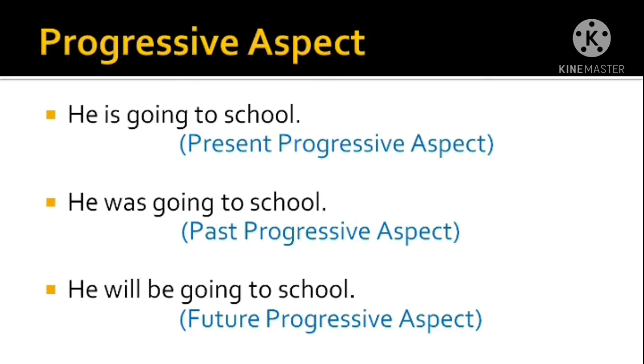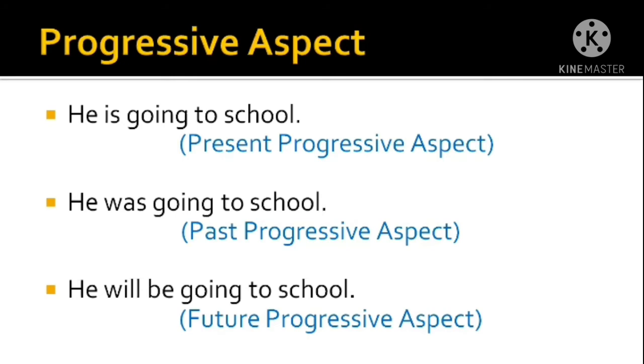Here you have, he is going to school. He is third person singular number functioning as subject. Is going is the verb phrase. To school is the adverbial. So is going is there because the subject is third person singular number. He is singular.